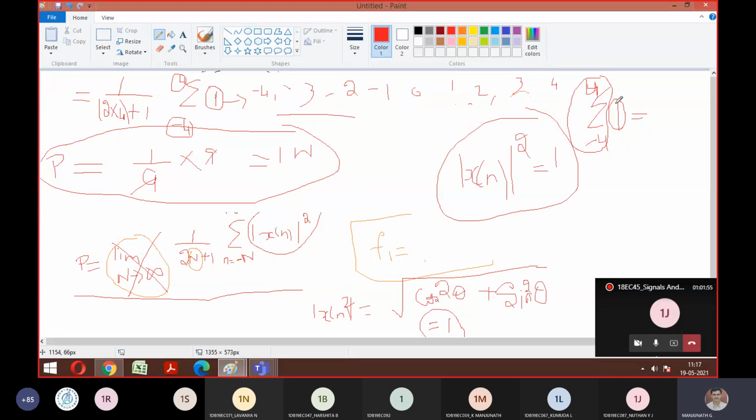If you take the summation from -4 to +4, if it is x of n, you're going to substitute the values. If n is like this, then what are you going to do here? You're going to keep the values of n as -4. It will be like this, x of n.